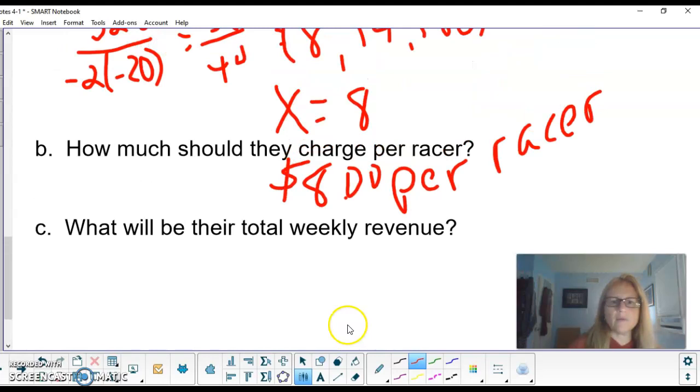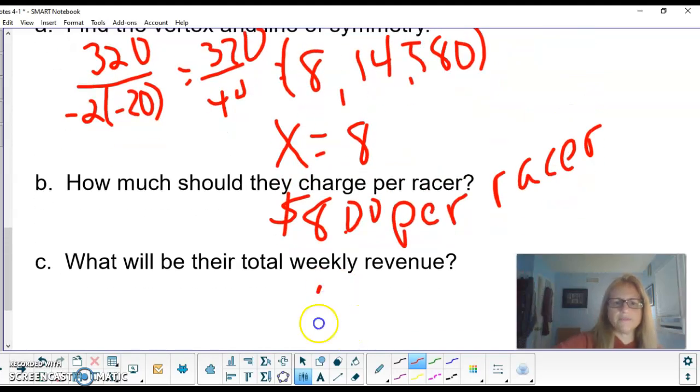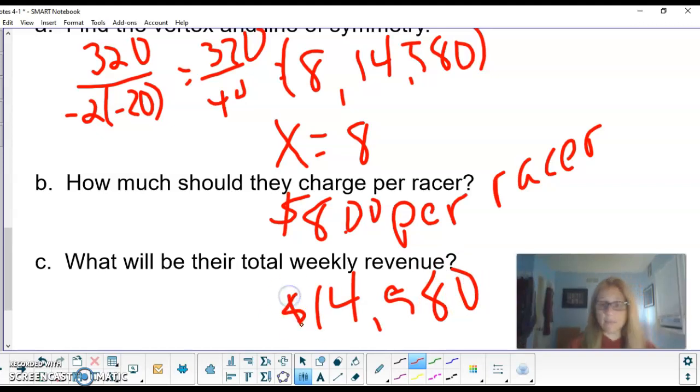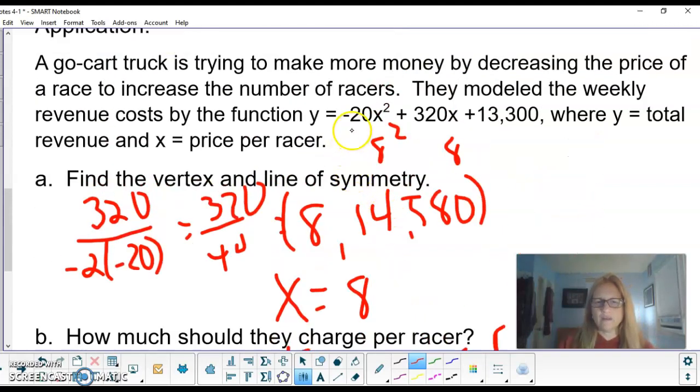That would be 14,580, because that would be our maximum revenue, because of that negative a, it opens down. So right here would be that maximum, which would be your 14,580.